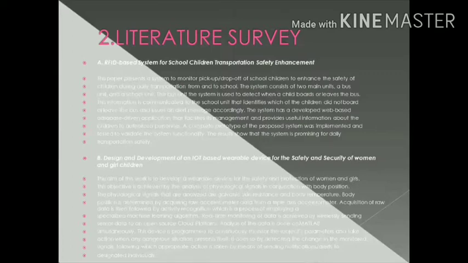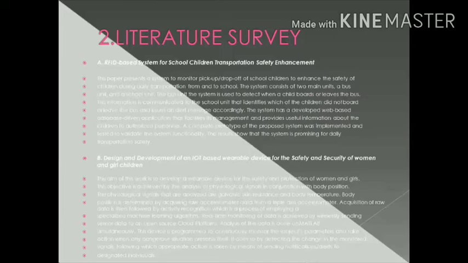The system has a developed web-based database-driven application that facilitates its management and provides useful information about the tests done to validate the system functionality. The result shows that the system is promising for daily transportation.